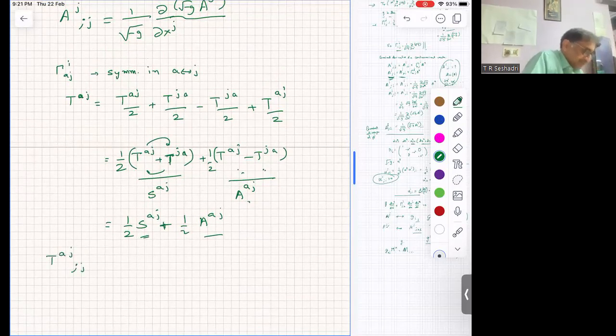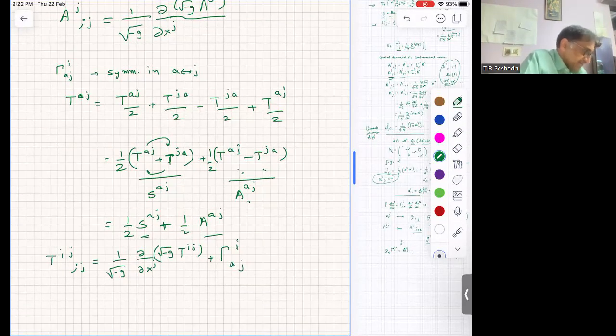So now I write TIJ semicolon J is equal to 1 by square root of minus G del by del xj of square root of minus G TIJ plus gamma IAJ times half SAJ plus half AAJ.